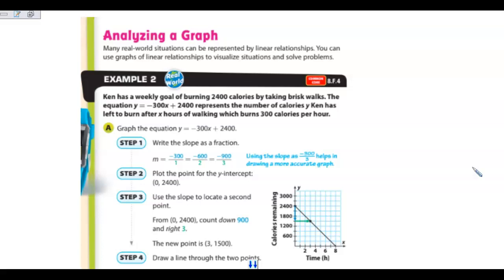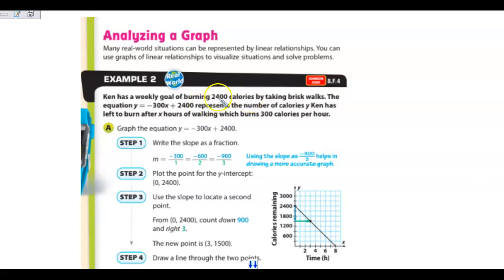It says Ken has a weekly goal of burning 2,400 calories by taking brisk walks. The equation y equals negative 300x plus 2,400 represents the number of calories y Ken has left to burn after x number of hours of walking, which burns 300 calories per hour.